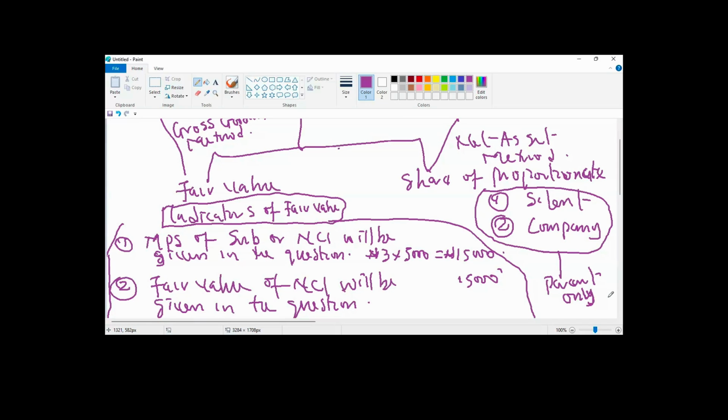In summary, the goodwill of the parent is share of proportionate in any of the two methods. I hope that is fine and clear.